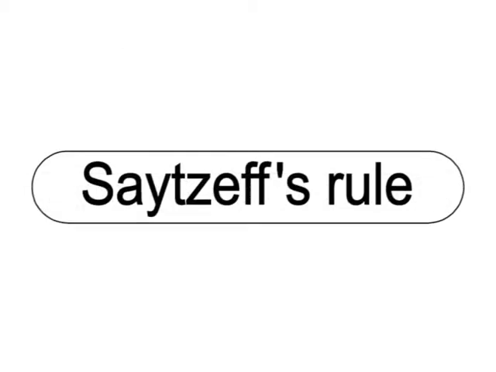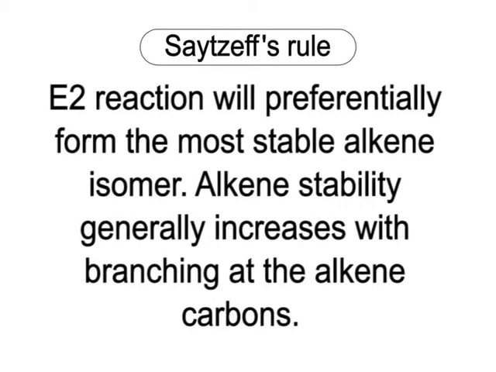Children, let us now learn about Saytzeff's rule, which states that an E2 reaction will preferentially form the most stable alkene isomer. Alkene stability generally increases with branching at the alkene carbons.